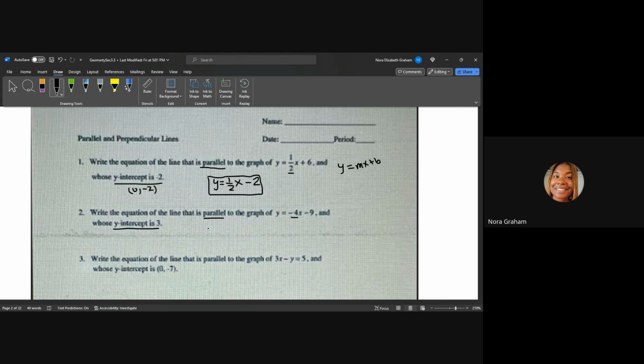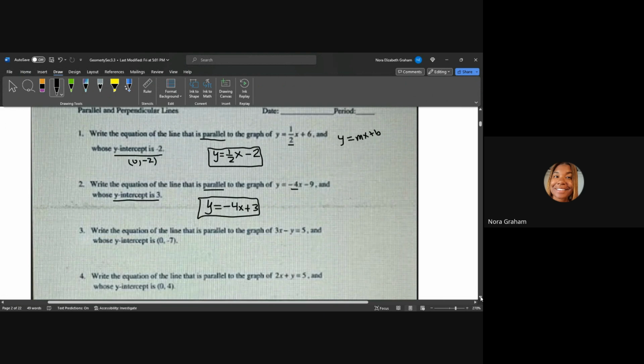Okay, so my line y equals -4x. And we listen to the sign of our y-intercept, and this will be +3. That's our answer for that one.